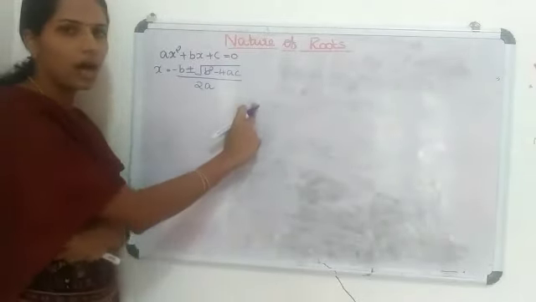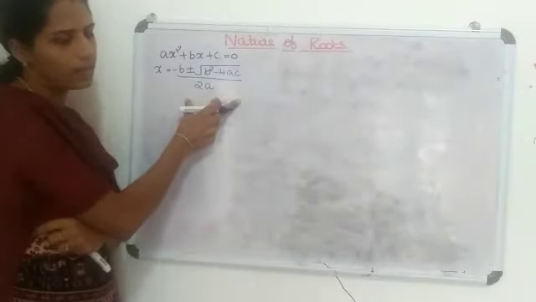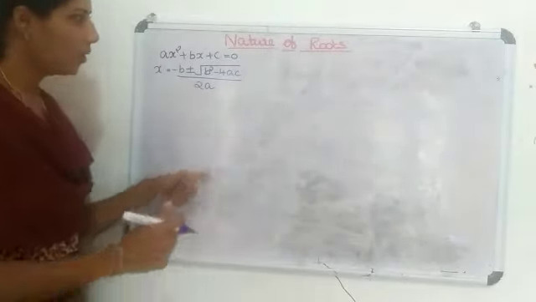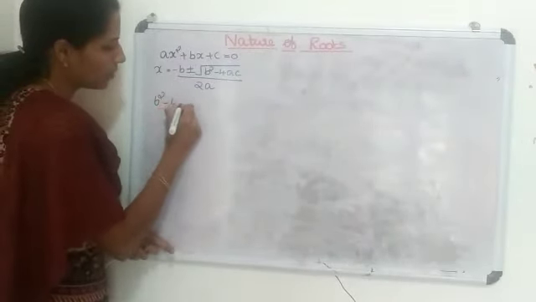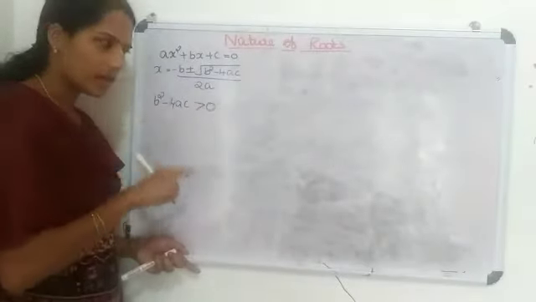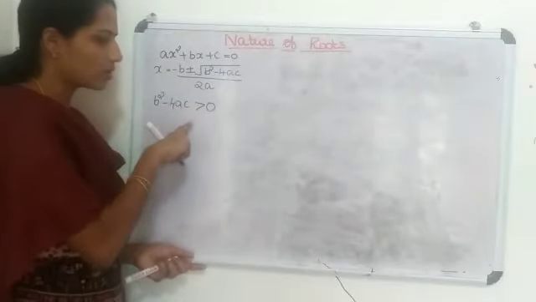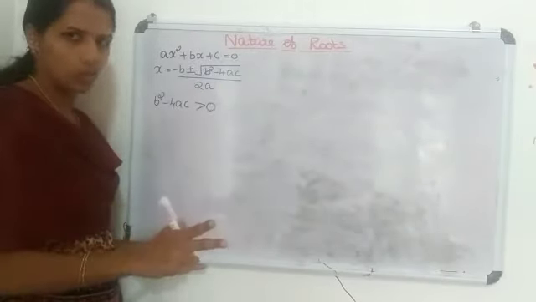See, this is our equation for finding the roots. Now, when b square minus 4ac is greater than 0, we learned that the equation has two roots.